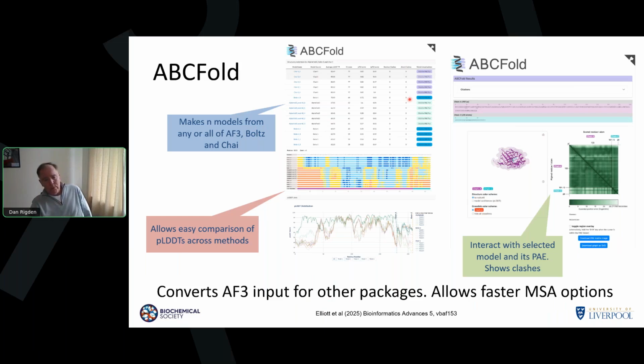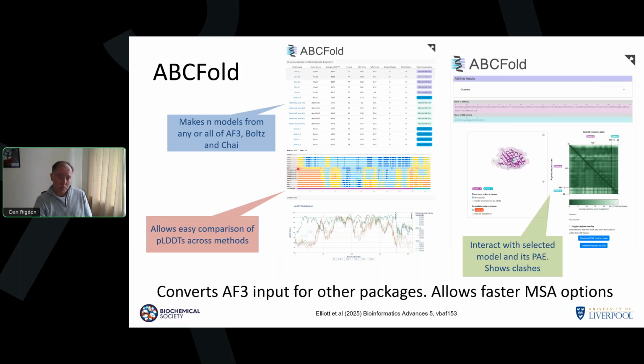And the one important point I want to address here, which I think is underappreciated: Bolts and Chai are intended to replicate exactly AlphaFold 3, but we find repeatedly that one of them will just by chance perform better than another on a particular protein. So here we're showing exactly that.